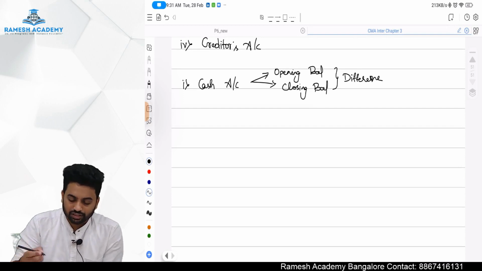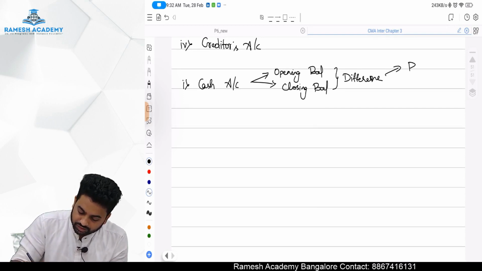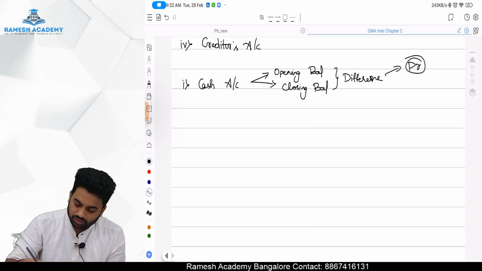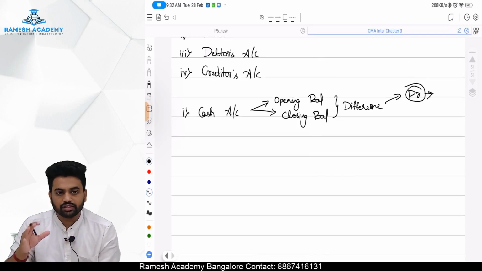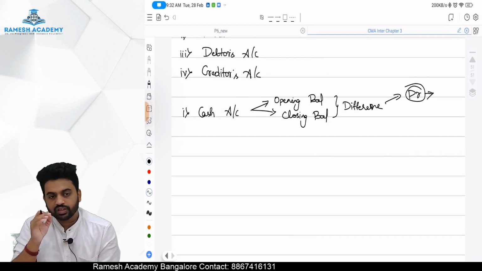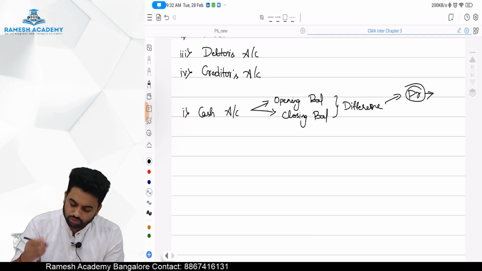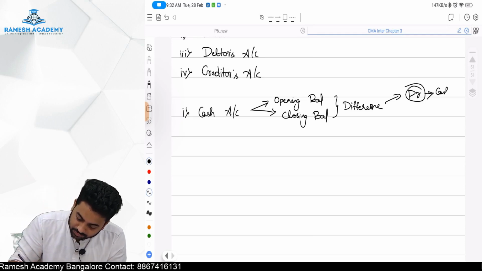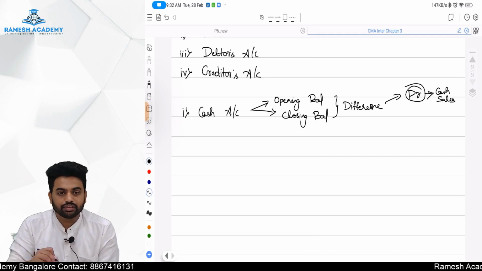If the debit side is more than the credit, usually it will be the cash sales.